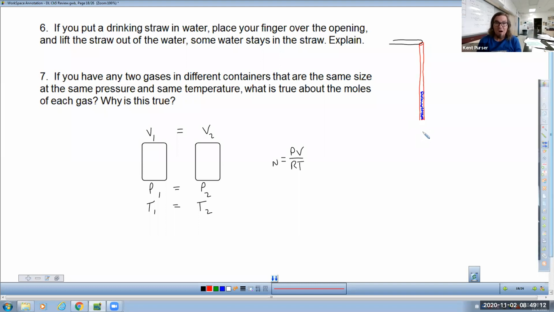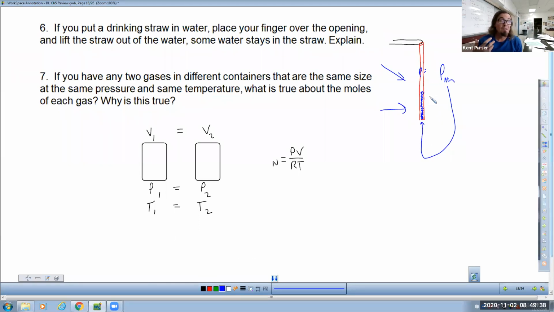But while it's in the air, what we recognize is the soda is going to fall to a height so that the pressure above the liquid, this pressure inside here, is equal to the pressure outside here of the atmosphere. And this outside pressure is pushing up on the bottom of this, and it's pushing everywhere, including on the bottom of this, so that the liquid doesn't fall out of there until you take your finger away.